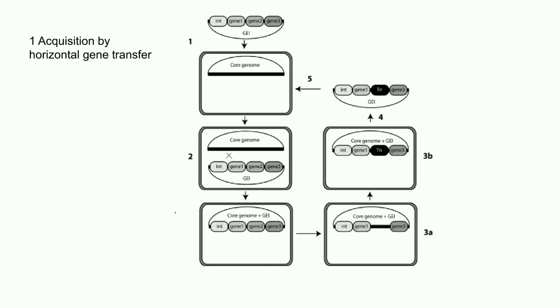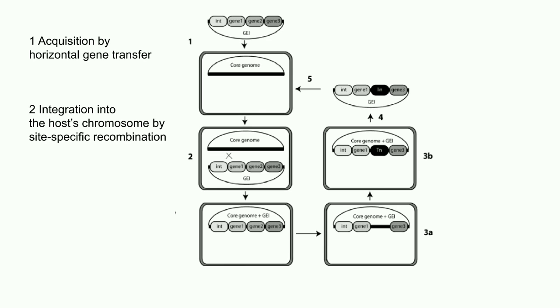So the first step is the acquisition of the pathogenicity island by horizontal gene transfer. The second step is integration of this horizontally acquired pathogenicity island into the core genome of the host cells.